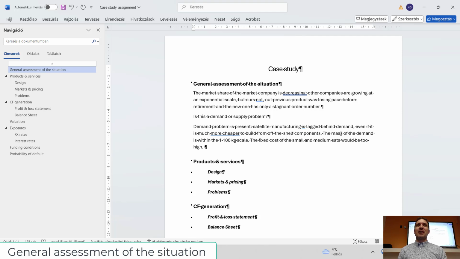Sometimes they are launching more than 100 of these small sats into space, because in this case you can get economies of scale. 50 to 100.